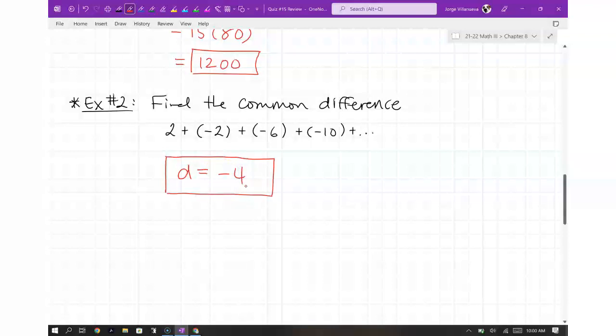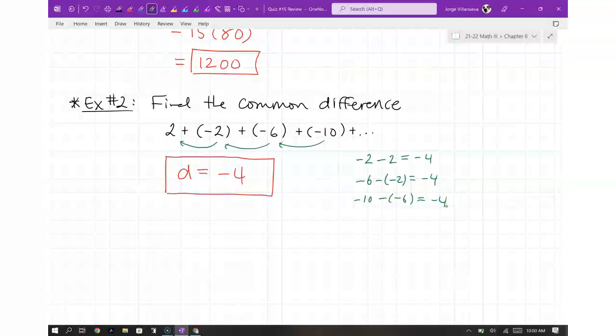Remember, if you want to make sure, just get your calculator and type in the following: negative 2 minus 2, right? You're subtracting this way. Negative 6 minus negative 2, that'd be negative 4. And then negative 10 minus negative 6, that's negative 4. Put that into your calculator just to make sure that they're all common.